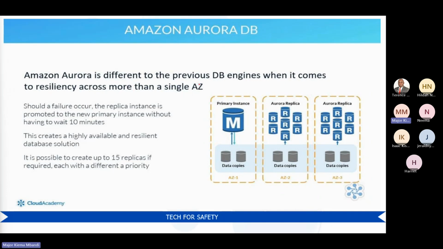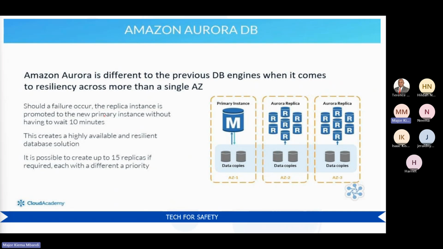So Amazon Aurora is different from the previous DB engines when it comes to resilience across more than a single AZ. With Aurora, you have the primary and data copies, and then you have Aurora replicas running in different AZs, making sure the replicas are running in 2 different availability zones from the primary instance.